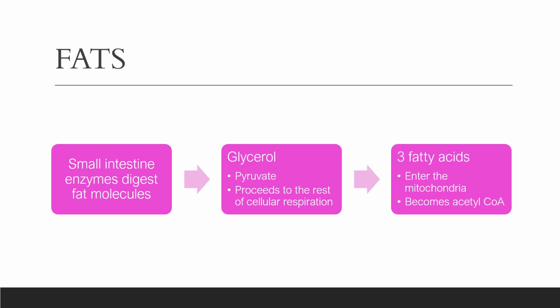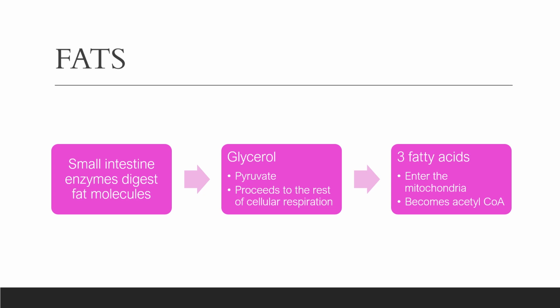The fatty acids enter the mitochondria, where they are cut into many two-carbon pieces that become acetyl-CoA. From here, the pathways continue as for glucose. Fats contain more calories per gram than any other food molecule. After all, a single fat molecule may yield dozens of two-carbon acetyl-CoA groups for the Krebs cycle.